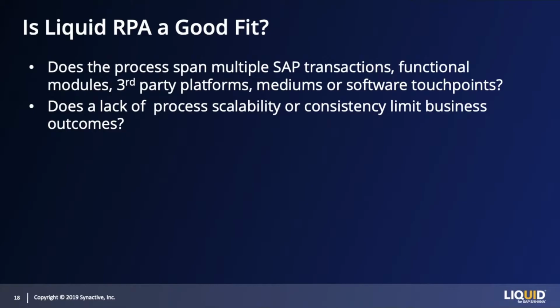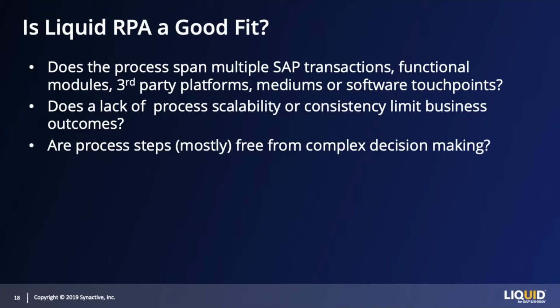So while you're thinking about that process, is there a lack of scalability or consistency that limits business outcomes for you? The best candidates for Liquid RPA are processes that, once accelerated, can remain highly consistent and as a result produce clear benefit to tangible business outcomes. For example, volume of sales orders processed per day, or cycle count duration, or accuracy.